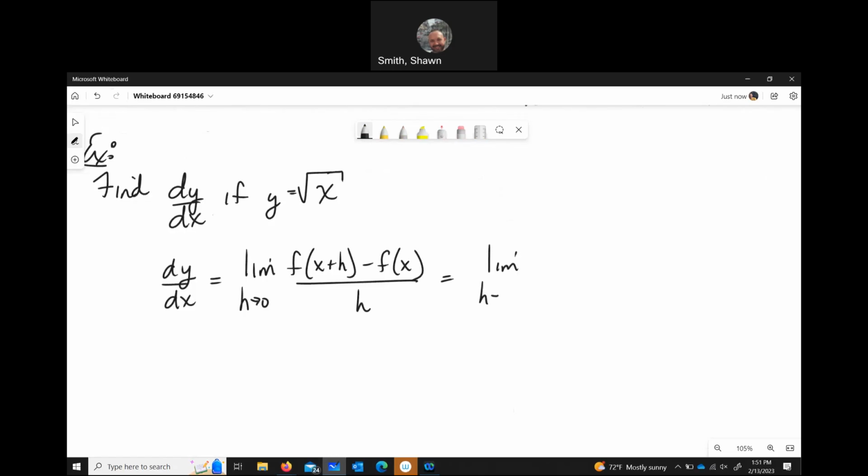Which is the limit as h goes to 0. I'm putting x plus h wherever I see the x, right? So right there is now going to be x plus h. This is the square root of x plus h minus f of x, which is the square root of x, all over h. My whole point is to try to evaluate 0 in place of h, right? I can't do it. I still got h in the bottom. It will make it undefined.